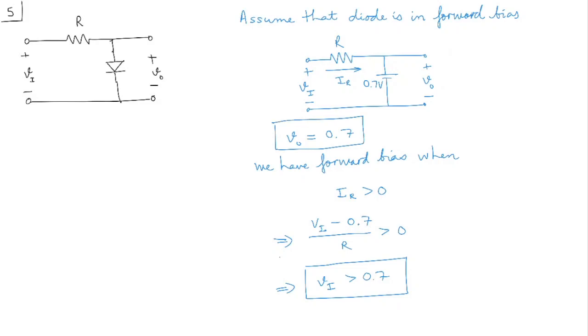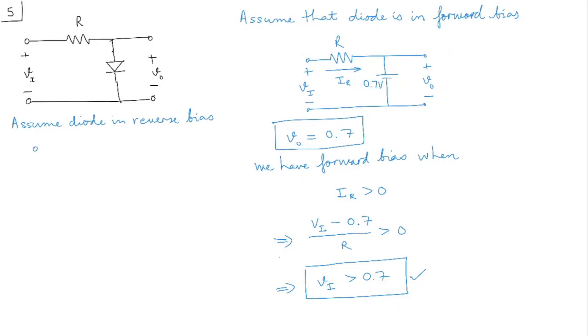Now you can do the same thing, assuming that the diode is in reverse bias. So let's do that. Assume diode in reverse bias. Now we know when it will be in reverse bias, right? If this is the condition for forward bias, the other part, when Vi is less than 0.7, we get diode in reverse bias.